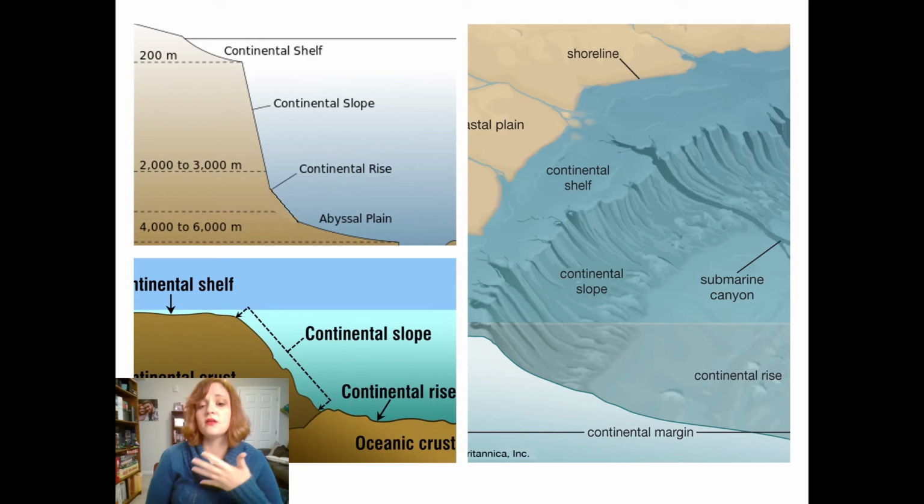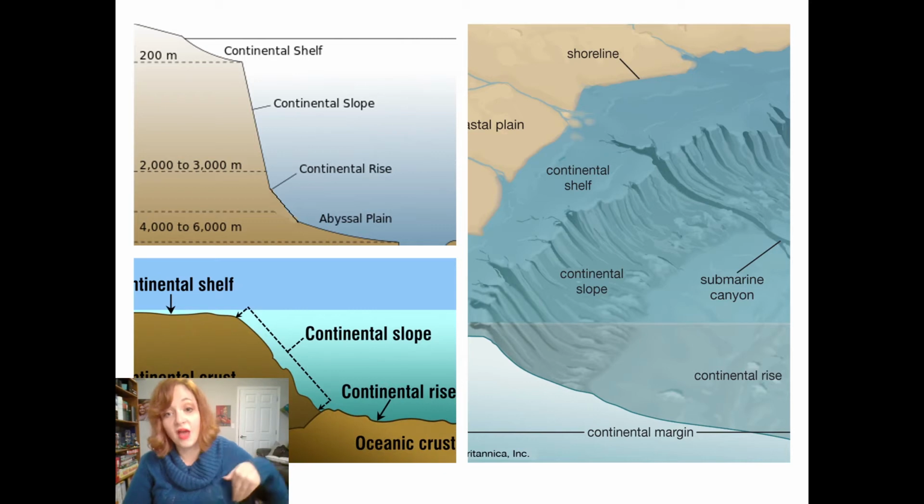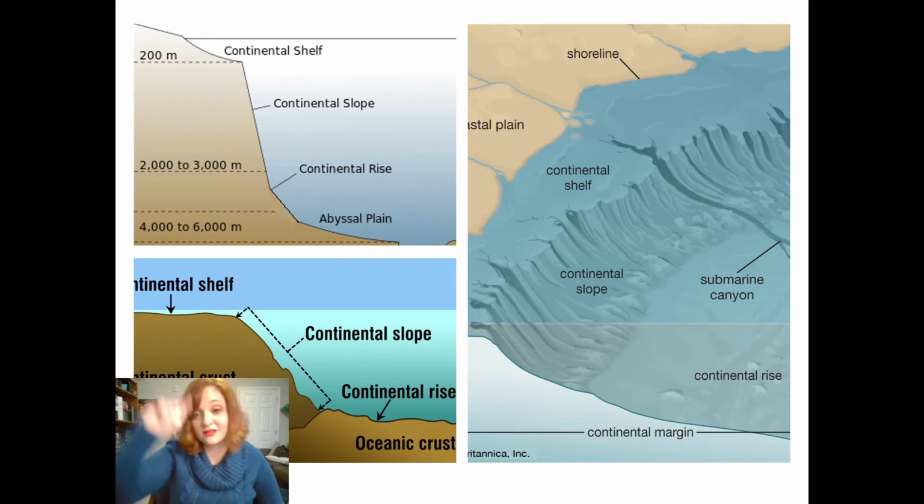And I like the big picture to the right because it's a good showing of what that would actually look like and how it just plummets downward from the shelf and just woof. That is the end of your continent. The slope, that's like when you draw your outline of the continent, is the slope where it just stops.